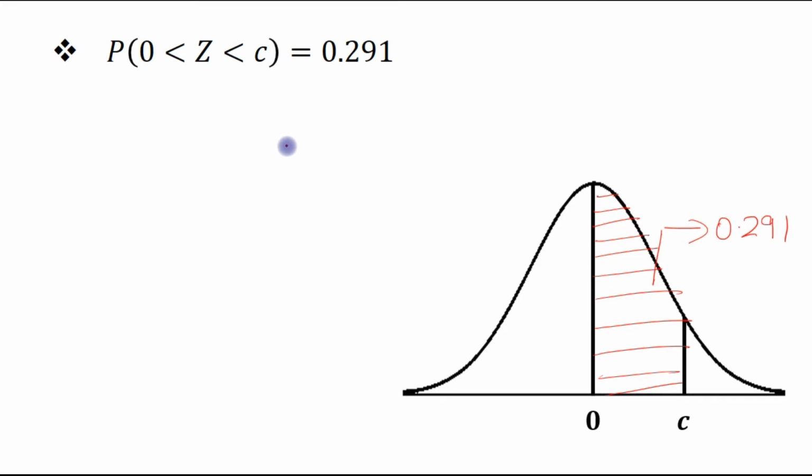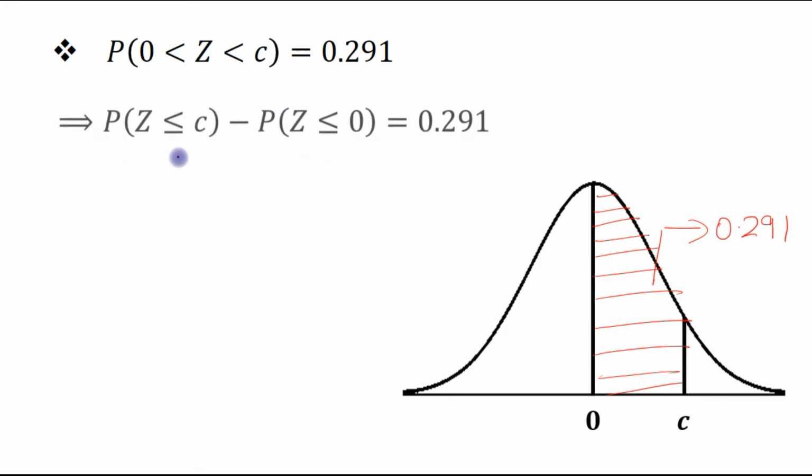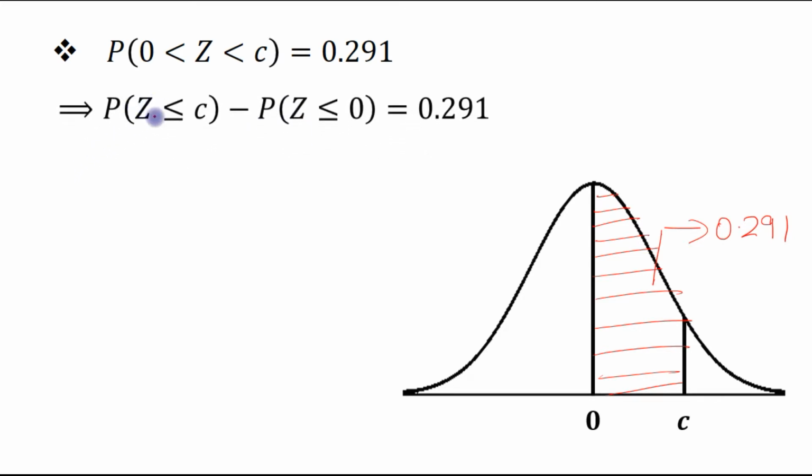In the next step, we can write this as probability that Z is less than and equals to C minus probability Z less than and equals to 0, that is area to the left of C minus area to the left of 0 equals to 0.291. Phi C minus phi 0 equals to 0.291.